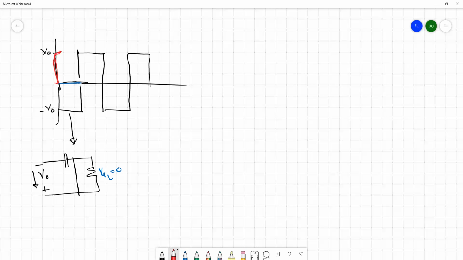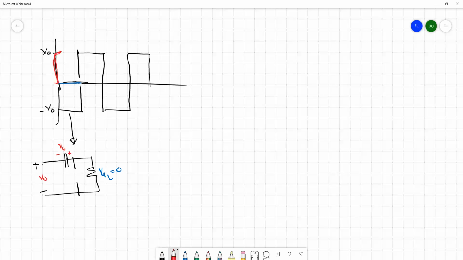So then the next cycle, we found that this diode gets reverse biased, and this voltage is up here like this, and the capacitor is all charged to V naught. So this is V naught.